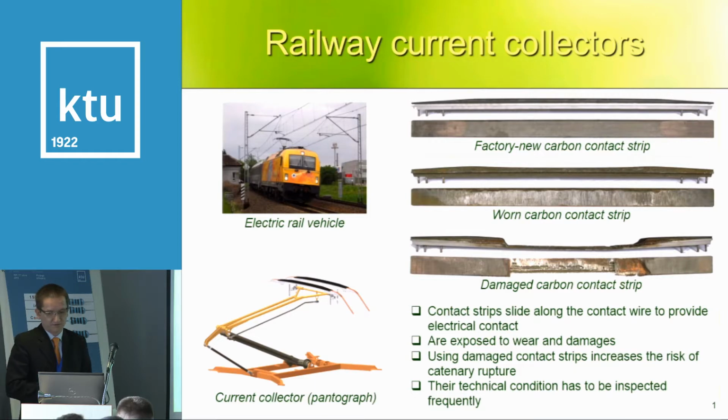So the contact strips are exposed to wear and damage. Using damaged contact strips increases the risk of catenary rupture. So the technical condition has to be inspected frequently. It depends on the overall current collector, or especially on the contact strips.